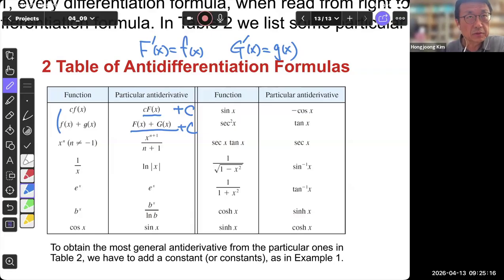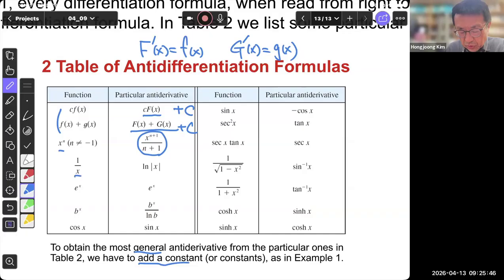The functions on the right are just one particular antiderivative. To get the general antiderivatives, you need to add a constant.